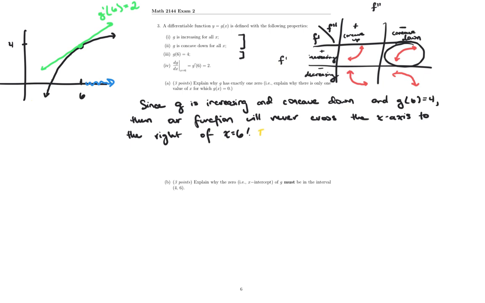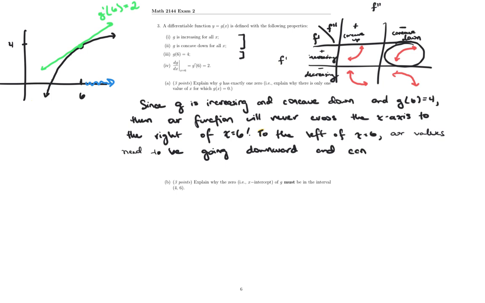To the left of x equals 6, our values need to be going downwards, and can never go back up.